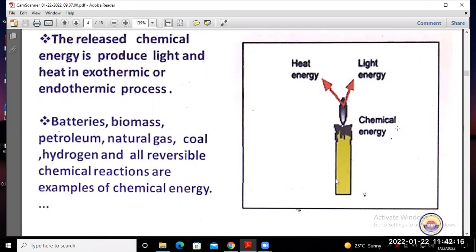So the exothermic and endothermic process, I am going to explain that under this chemical reaction. Just see the example first, how we can produce the chemical energy store. You may consider the battery, and then we discuss the biomass.